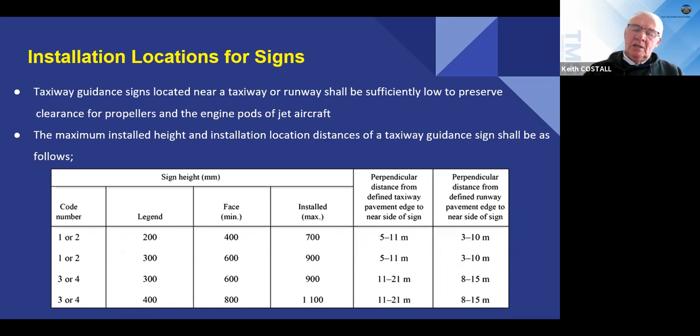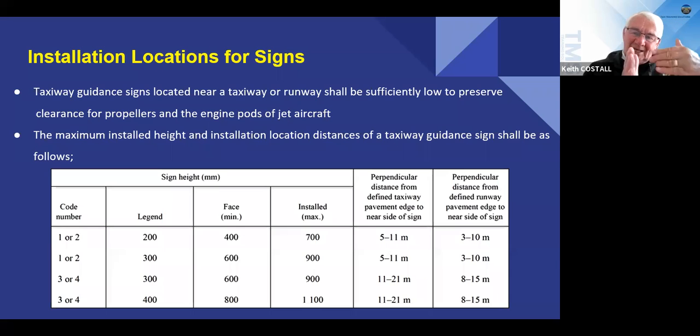Because it says perpendicular distance from the defined taxiway pavement edge to the near side of the sign. Perpendicular. That means it's at right angles to the center line of the taxiway.